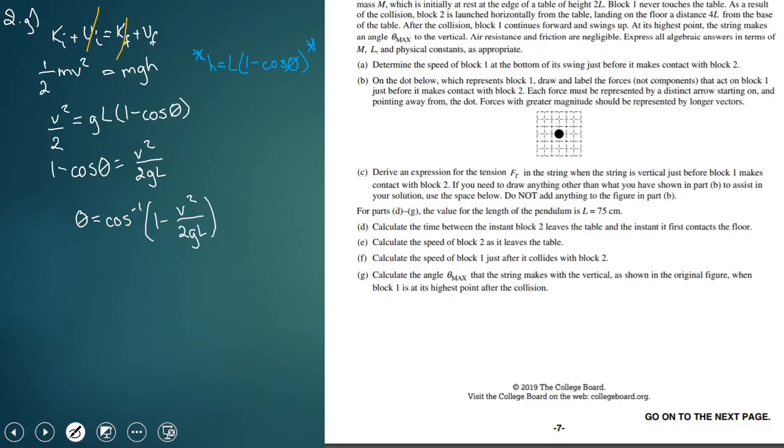Right, and so what we can do is we can substitute the value of v that we got. And so what we should get is theta equals 43.94.